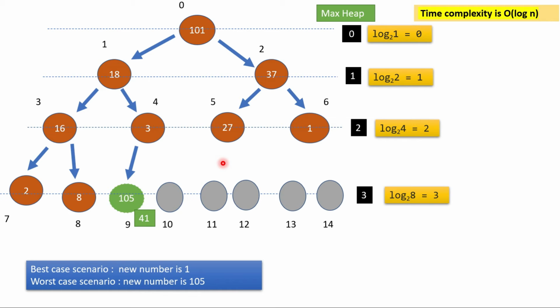It may be less than that also, as I told you, if the new number is 1, no swap is required and the time complexity will be less. If it is 41, which we showed in the previous video, it had to go 2 levels up. Only in the worst case scenario does it have to traverse all the levels up. So that's why the time calculated is O(log n).